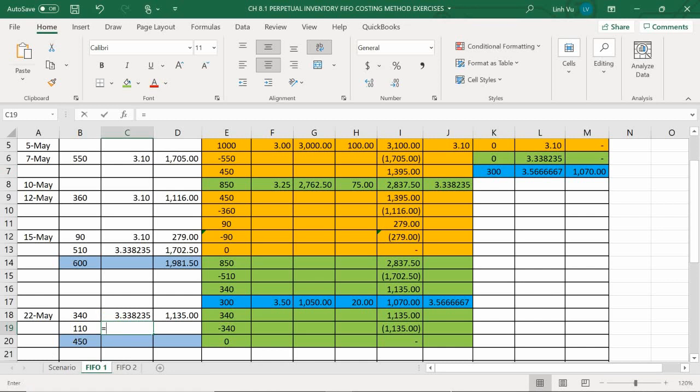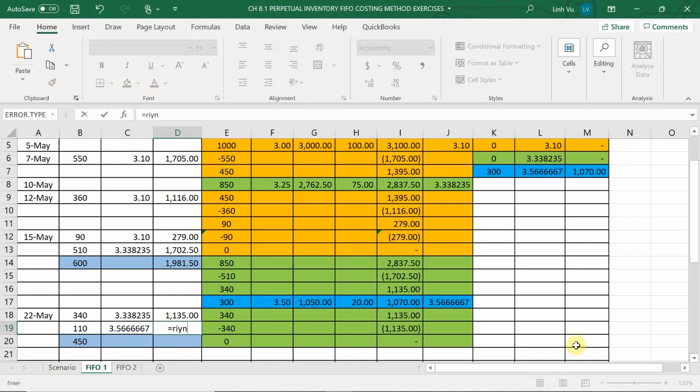How much is it going to cost me per item to sell the remaining 110 items? What's my cost per item? 3.56667. So how much is my total cost of goods sold?